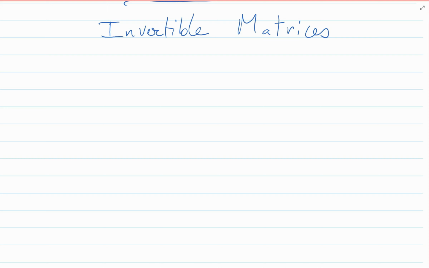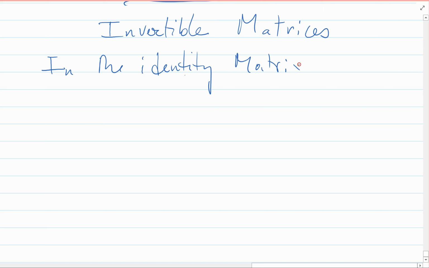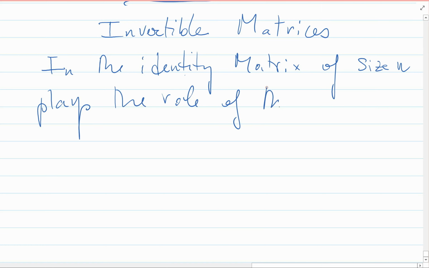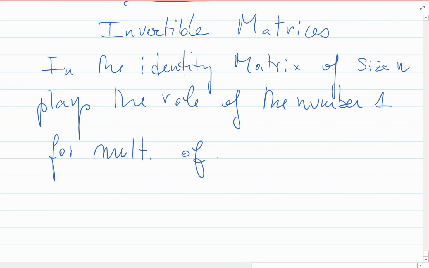So, as we said before, that In, the identity matrix of size n, plays the role of the number 1 for multiplication of matrices.